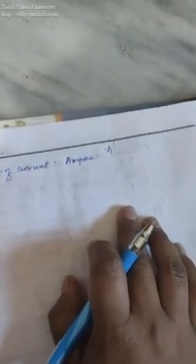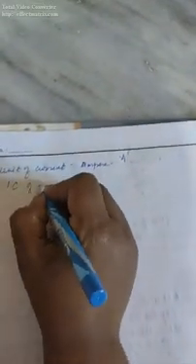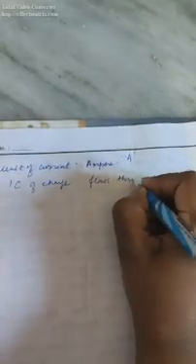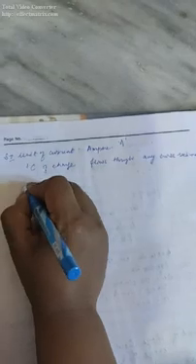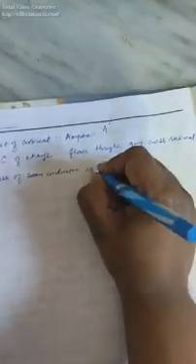And we are talking about SI unit, the SI unit is ampere, and it is denoted by the letter A, capital A. Now the ampere is defined as when 1 coulomb of charge flows through any cross section area of a conductor in 1 second.